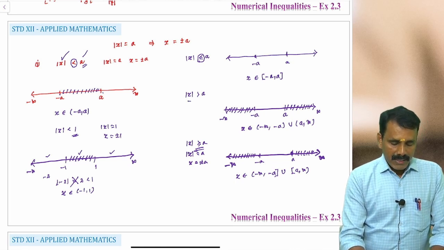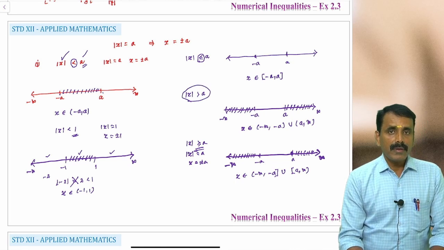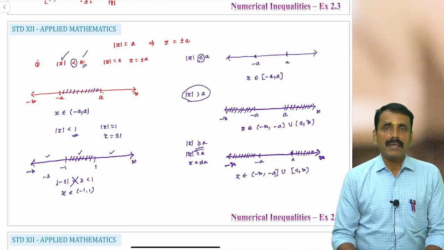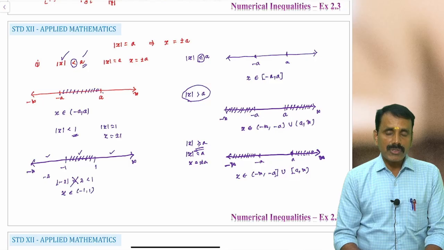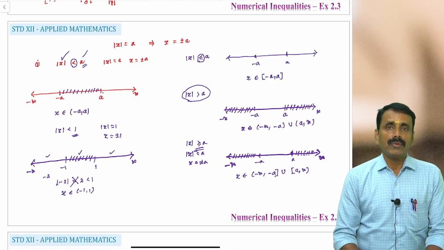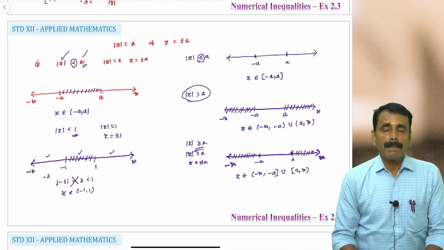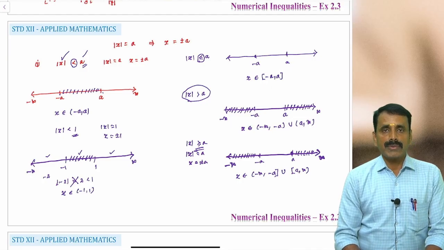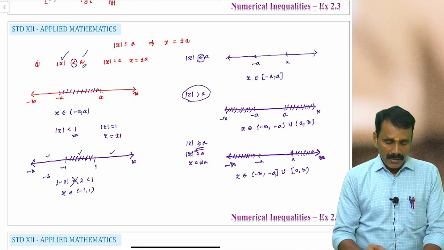When mod x is greater than a, then your x value will lie outside minus a and plus a. So this is the major thing we have to know to solve the inequalities involving modulus values. Is it clear?